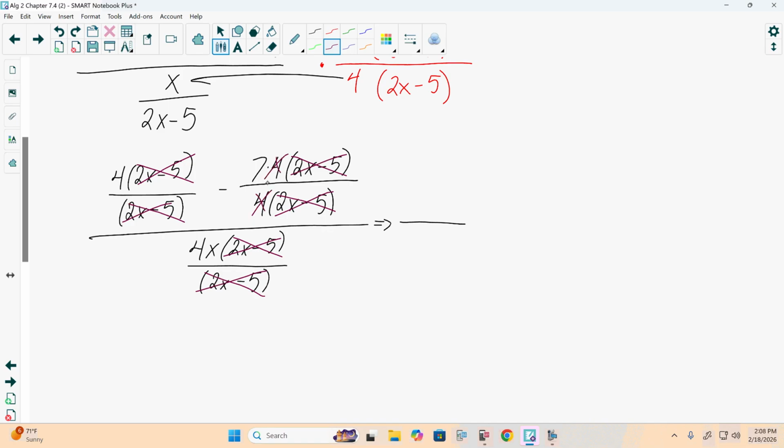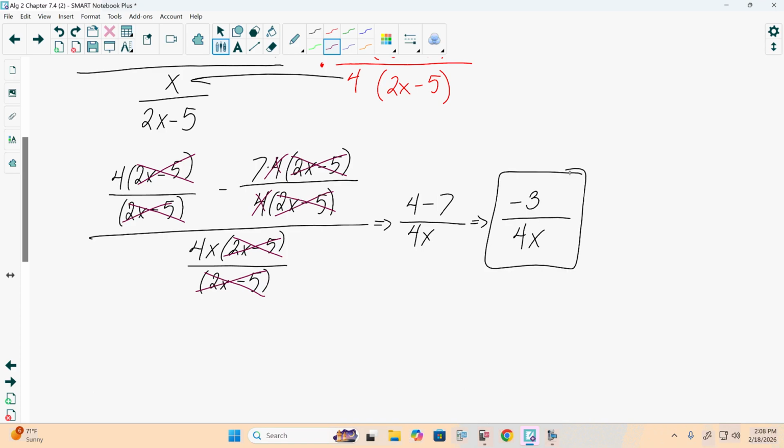Also the 4 and 4. So it'd be 4 minus 7 over 4x. Even if we'd written it as 28, 28 divided by 4 is still 7. It still reduces. 4 minus 7 is what? Over 4x.